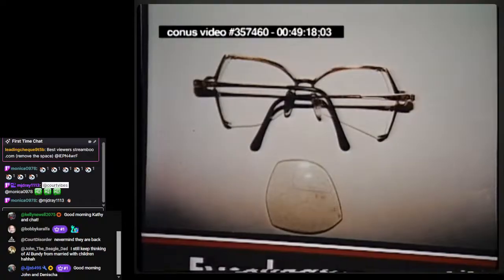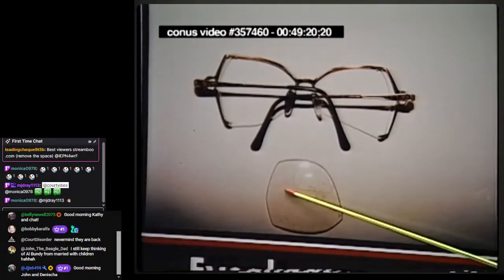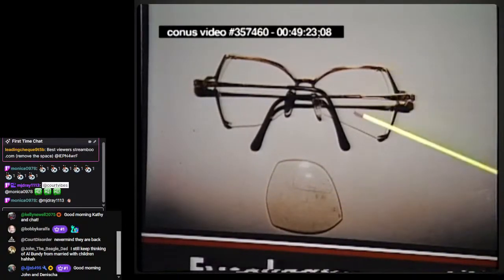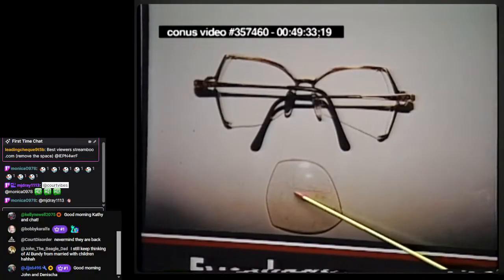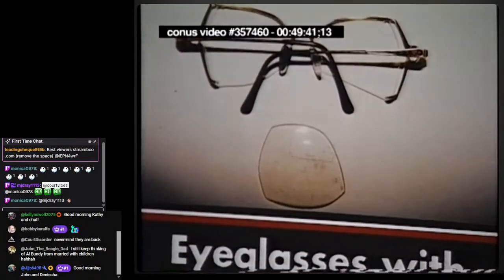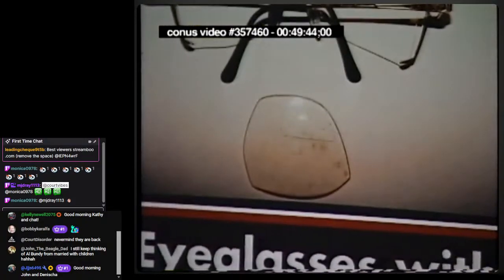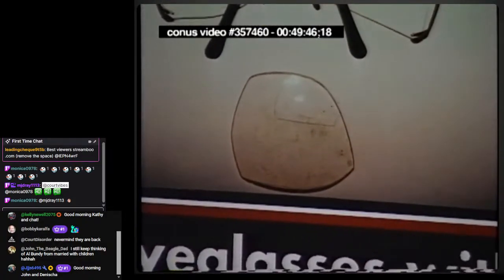The left lens is a single lens. It's a bifocal type of lens. The right side lens appears to be missing. On this remaining lens, there are smears and debris on the lens itself. Also noticed is material on the earpiece of the eyeglass.